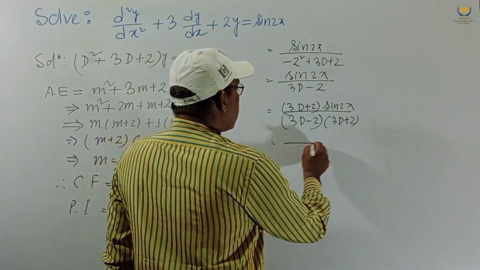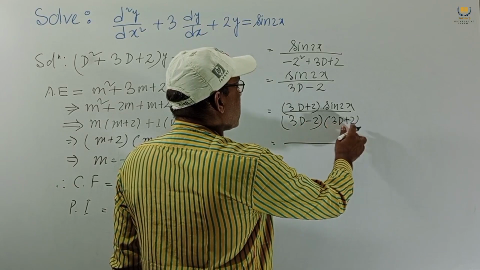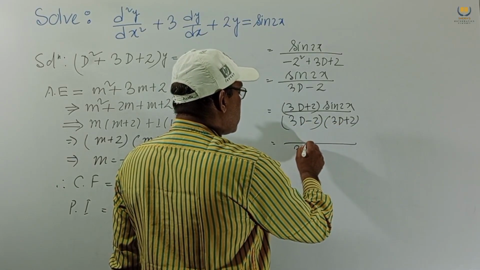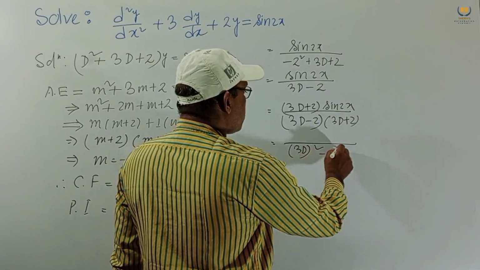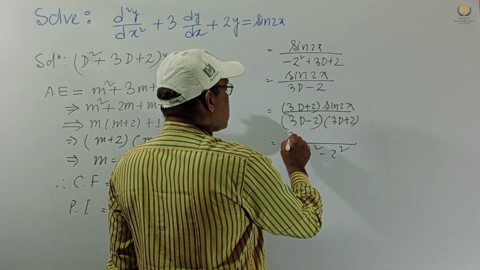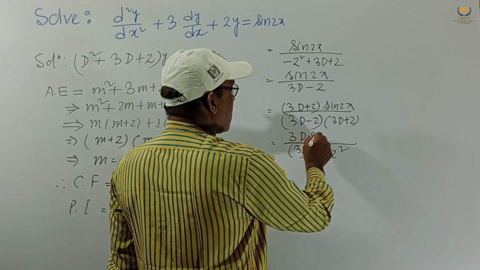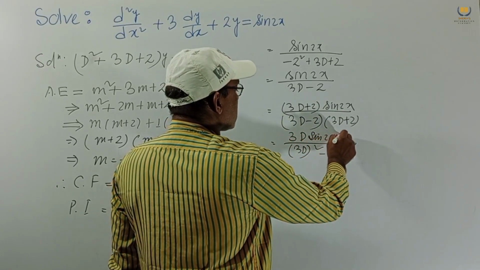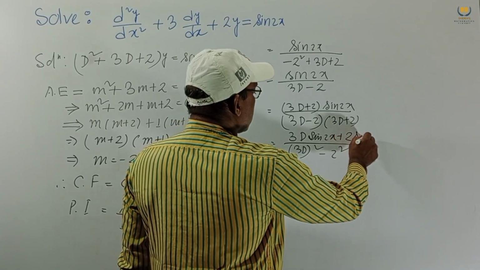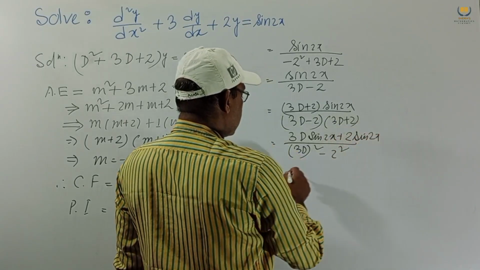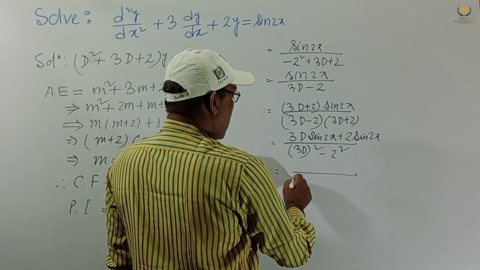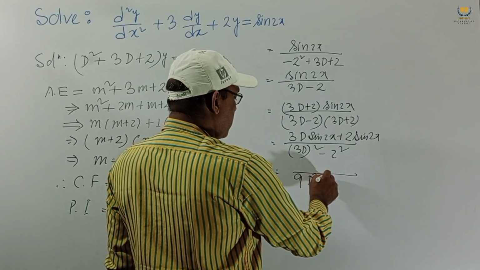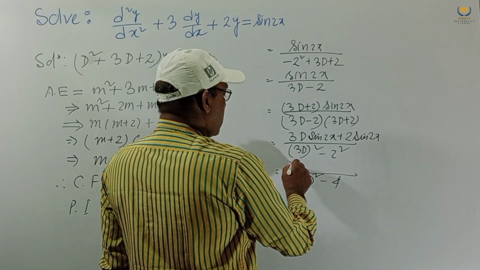Now this will be a minus b times a plus b, which is a square minus b square. The numerator is (3D plus 2) sin 2x, which gives 3D sin 2x plus 2 sin 2x, and the denominator is 9D square minus 4.